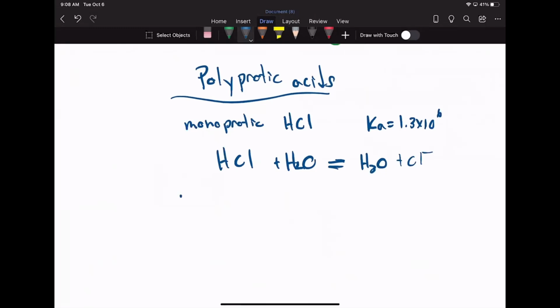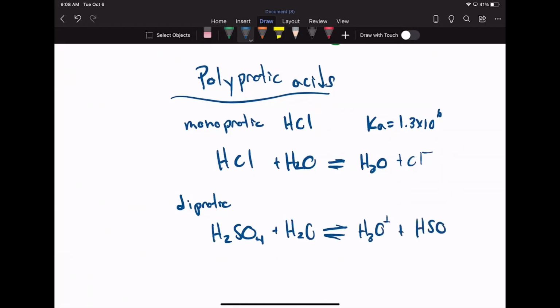Then let's do a diprotic. So a diprotic acid is something like this. We're going to have maybe 2 hydrogens on there. So here we have some sulfuric acid, plus some water, and we're going to get some hydronium plus HSO4 minus.